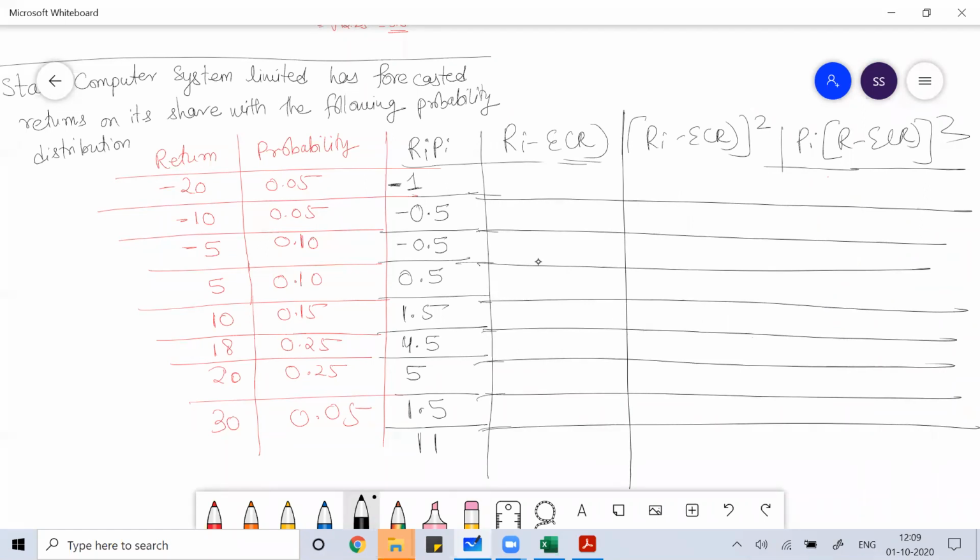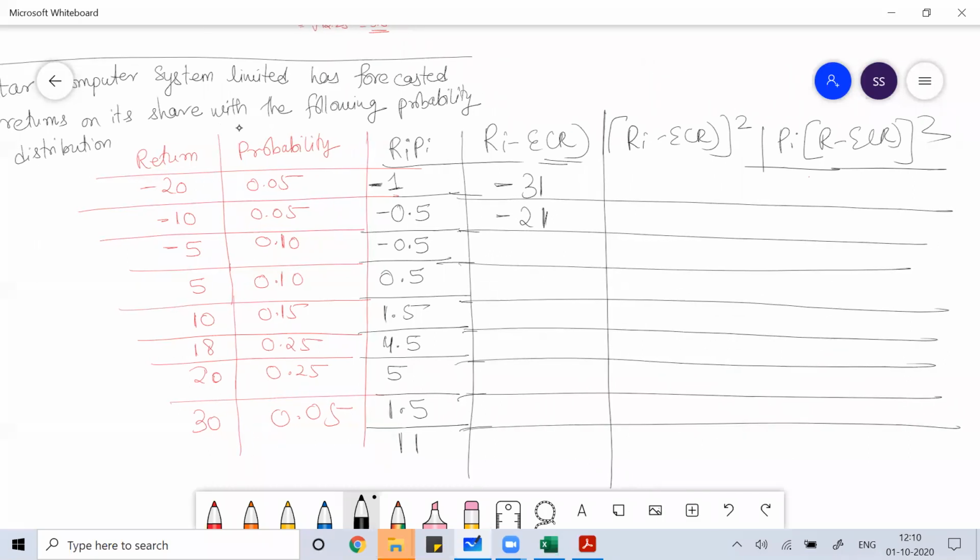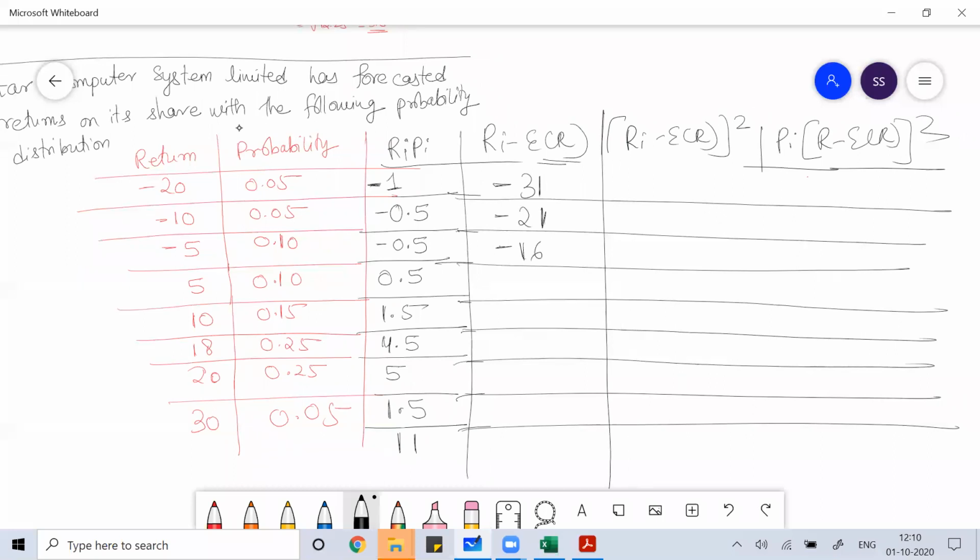Return minus 20 minus 11, so you'll get minus 31. Minus 10 minus 11, you'll get minus 21. Minus 5 minus 11, you'll get minus 16.